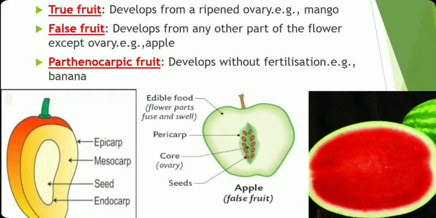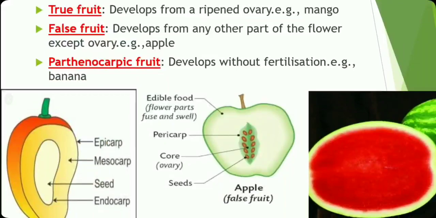Then the second category is the false fruit. What is a false fruit? It is a fruit in which the pulpy edible portion is not the wall of the ovary but a floral part like the thalamus, that is, anything except the ovary. If the fruit is developed from any other part of the flower, then we can say it is a false fruit.